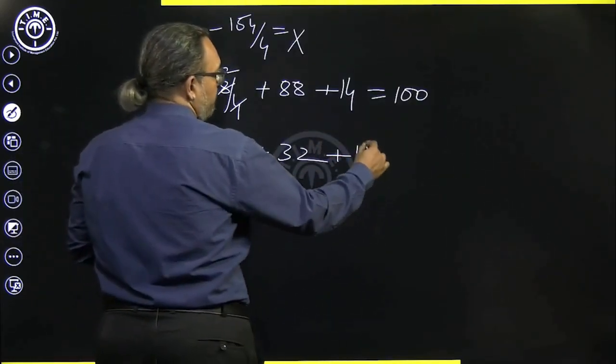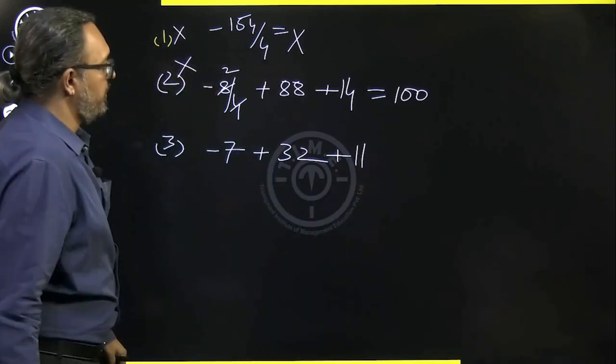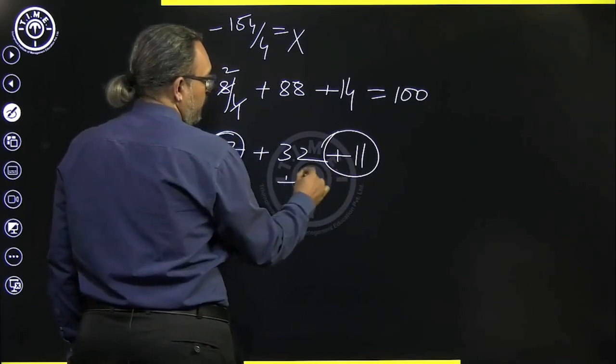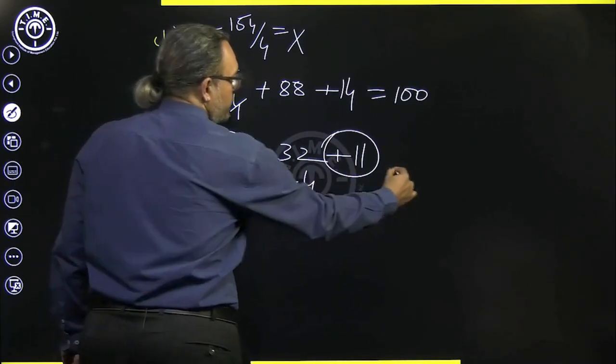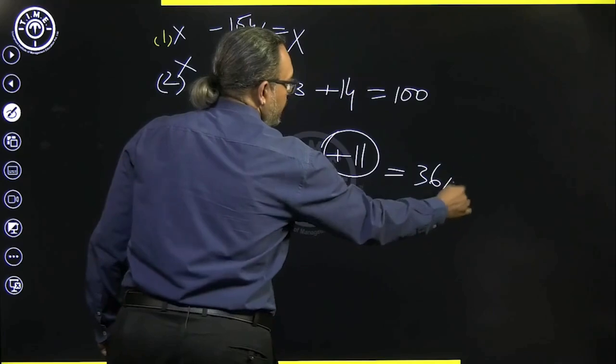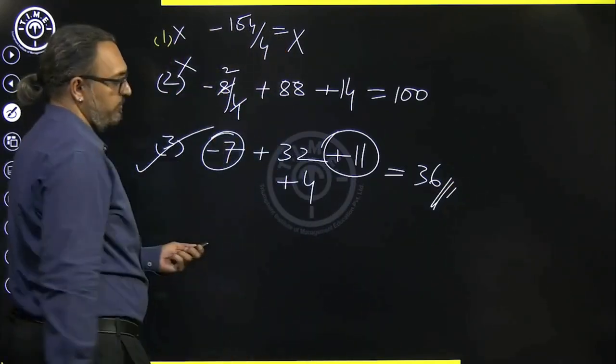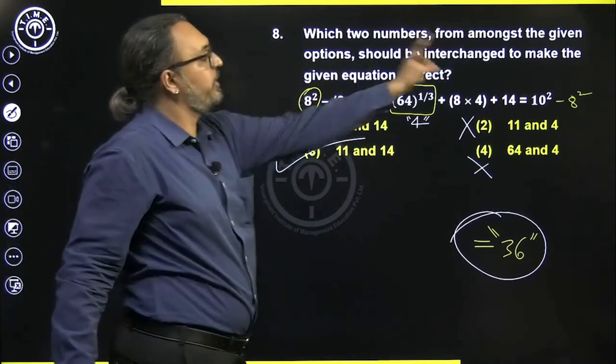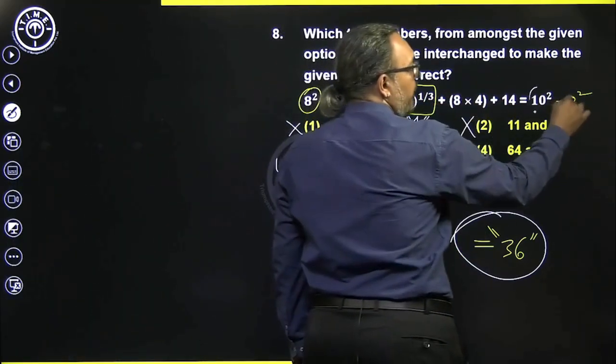So plus 11, correct. So basically how much is this? Negative 7 plus 11 is plus 4. So plus 32 plus 4 is going to give you 36. Is that not what I am searching for here? See, that was what I was searching for. After taking the 8 square onto the other side, this was what my right hand side was.